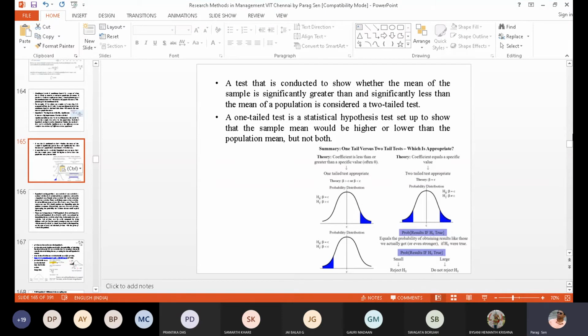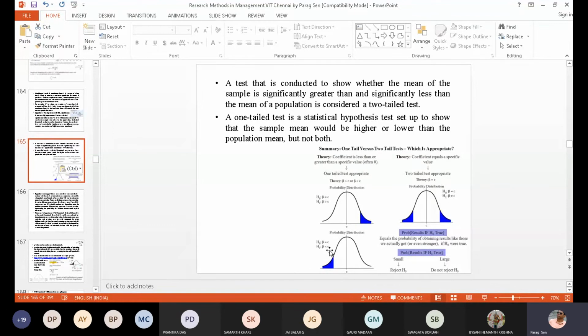Okay, so when you are basically interested to show both higher and lower, when you want to test both sides, then you use a two-tail test. But in case of a one-tail test, you want to test whether it is higher or lower.